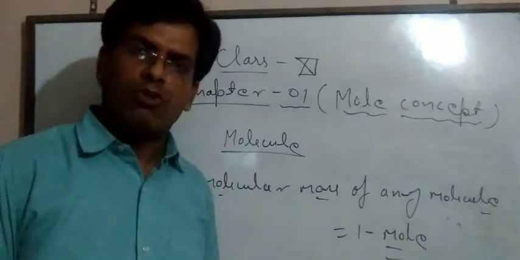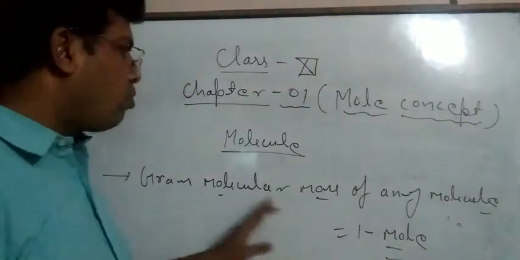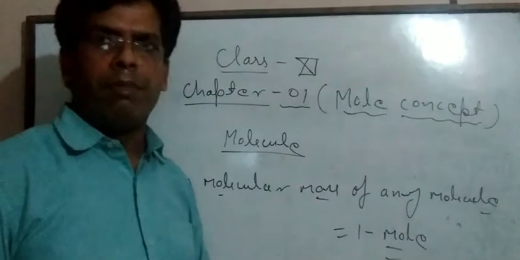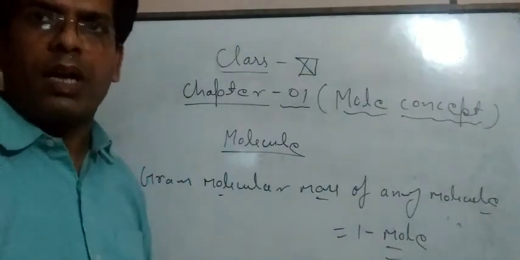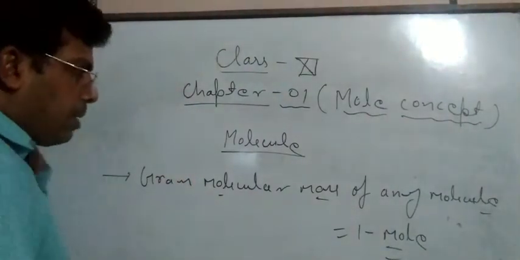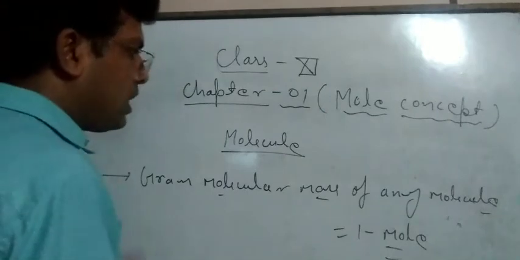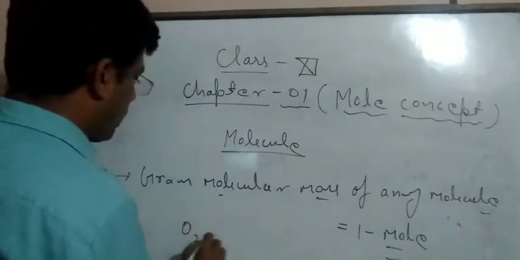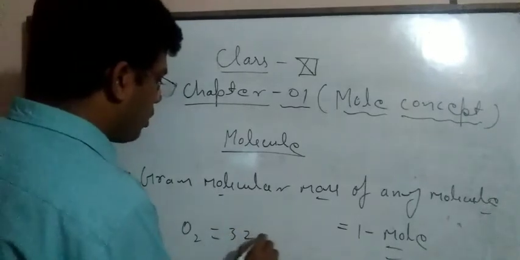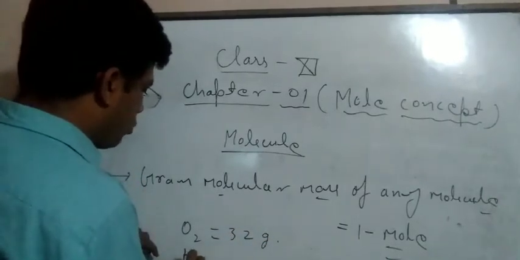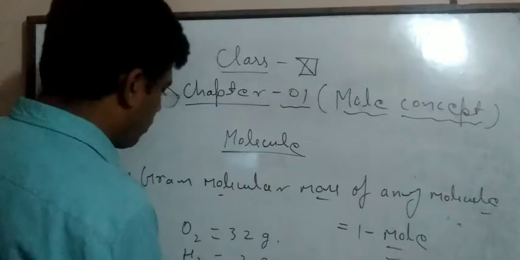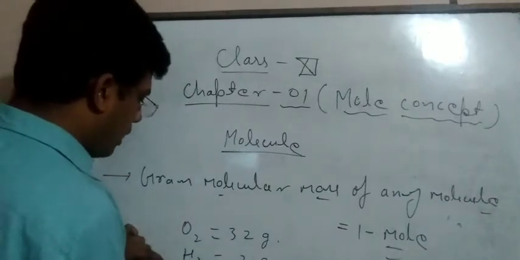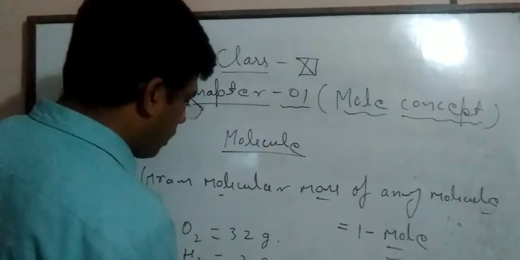Dear students, you should keep it in mind. Okay. Now, for example, if oxygen molecule O2 is taken, it contains 32 gram, H2 contains 2 gram, and N2 contains 28 gram.